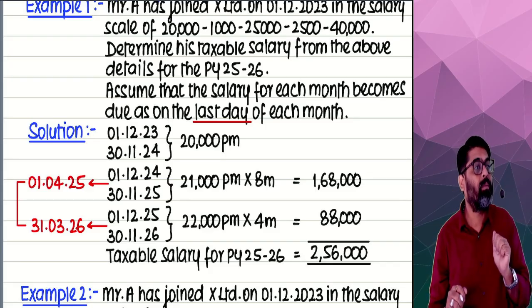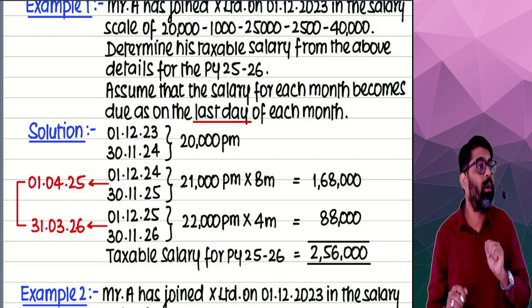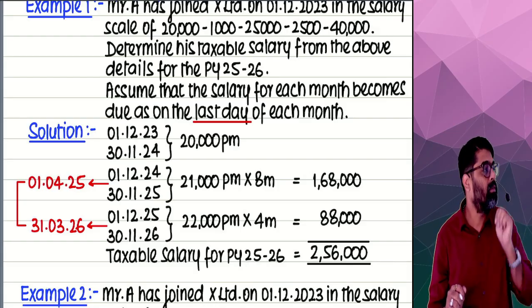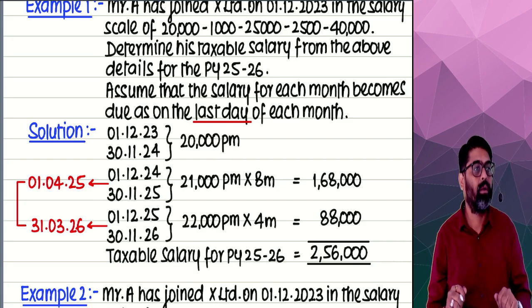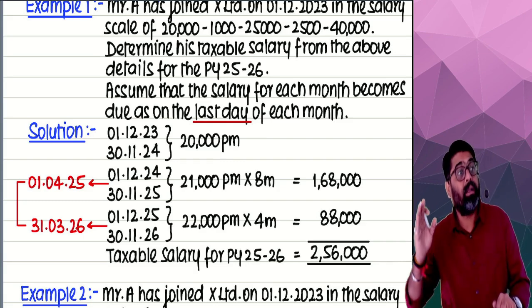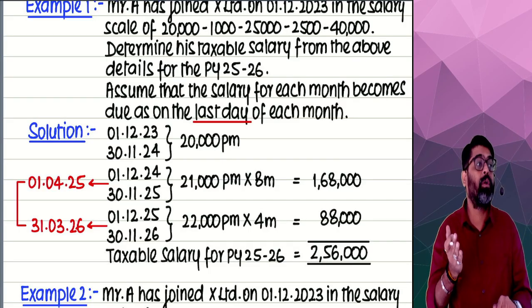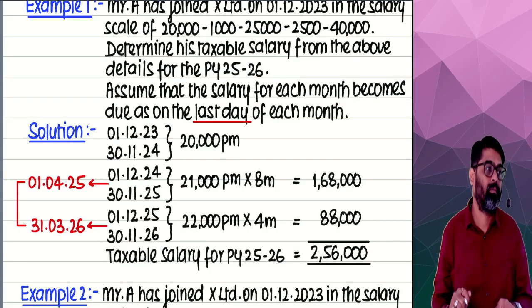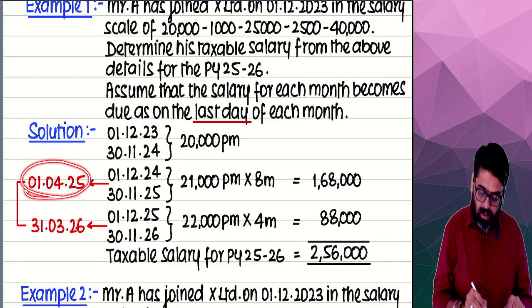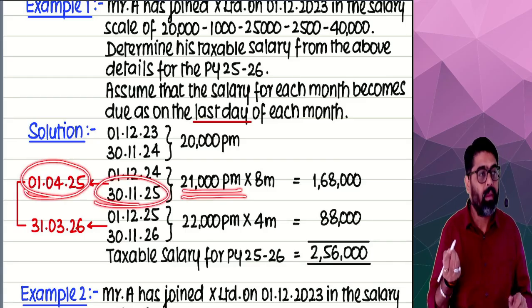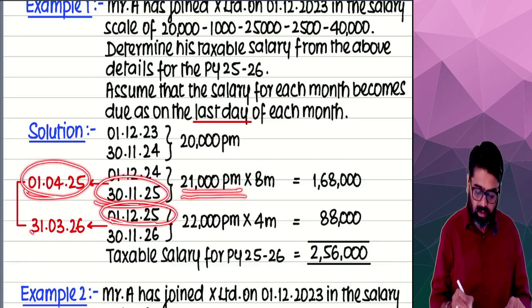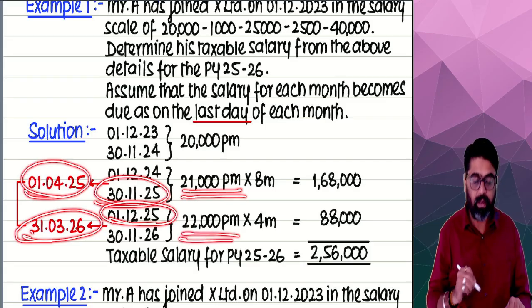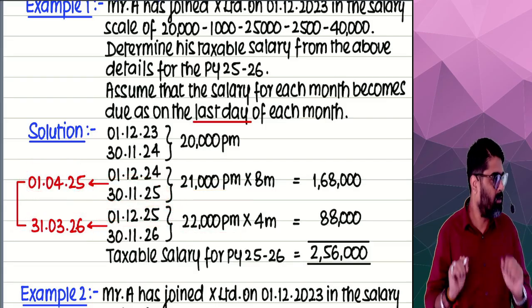May month salary will become due on 31st May. June month salary will become due on 30th June. Likewise, every month's salary till March will become due in this year. So April to November, how much salary? 21,000. And December to March, how much? 22,000. Everything becoming due in this year.